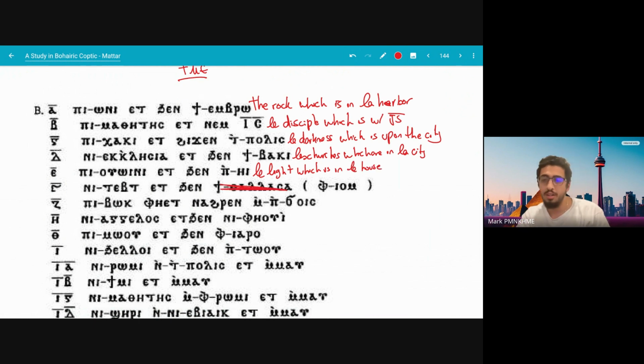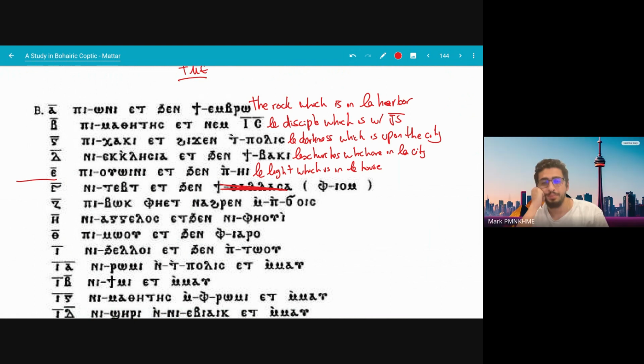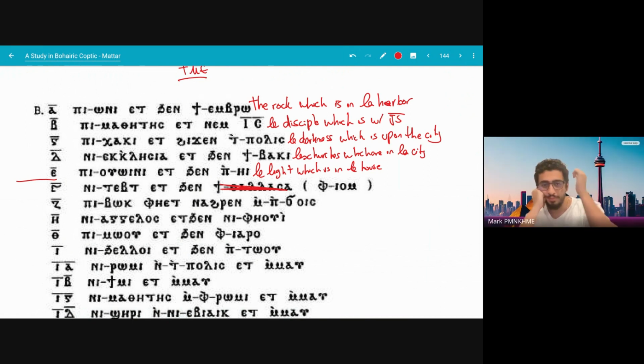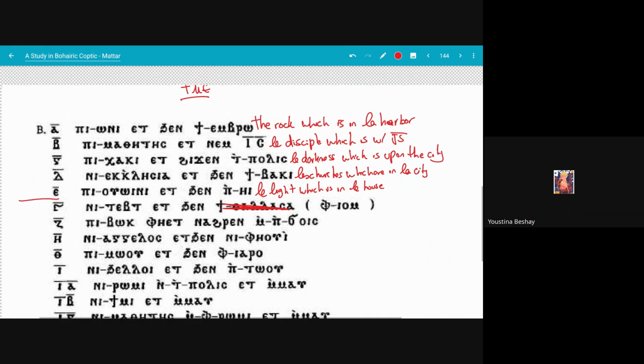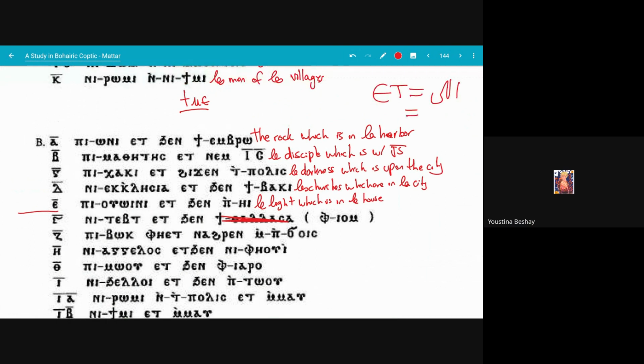All right. Justina, would you like to try? Sure. Ni tet et head if yo. Yes. So this is the rule that we remember. Yes.